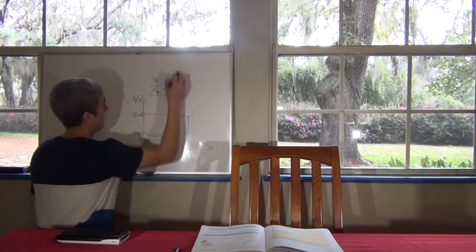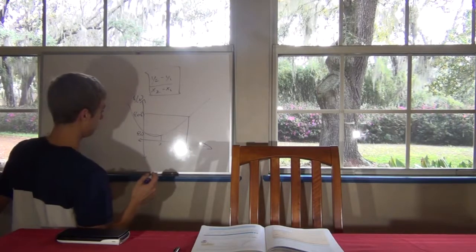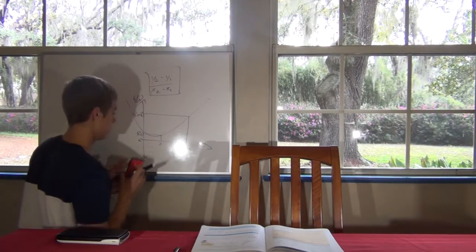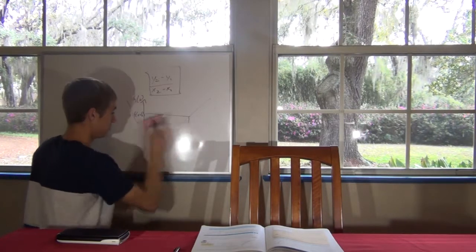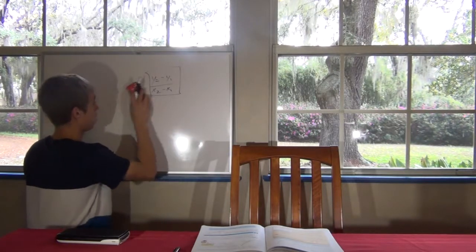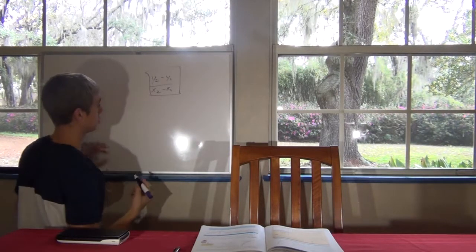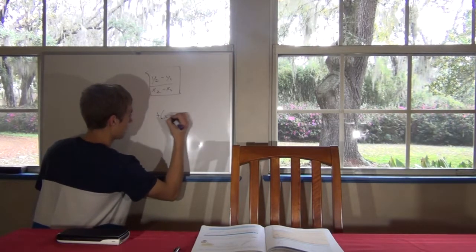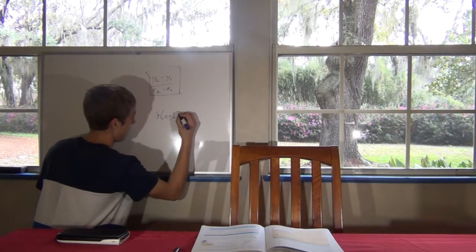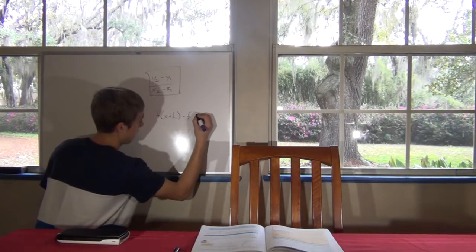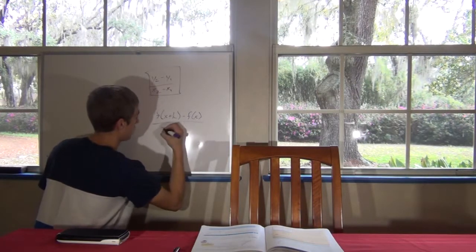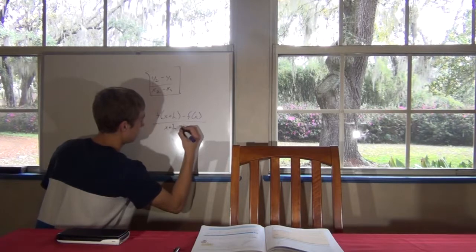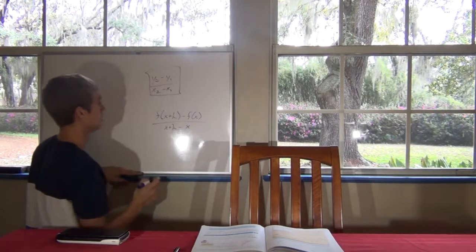So, plug it back into our nifty formula. And what we're going to get is your y2, which is going to be your f of x plus h minus your f of x over x plus h minus x.